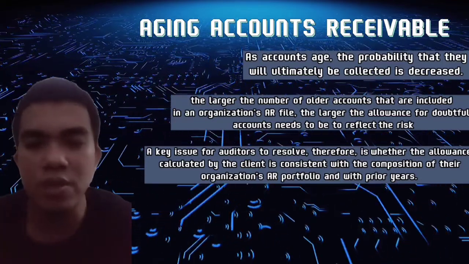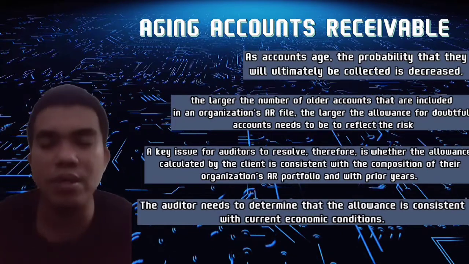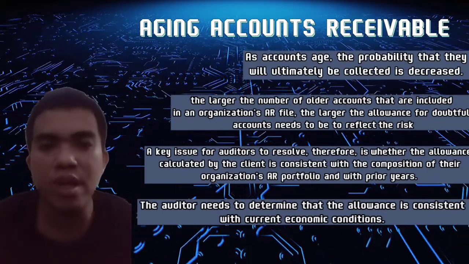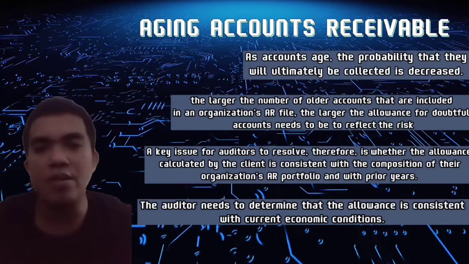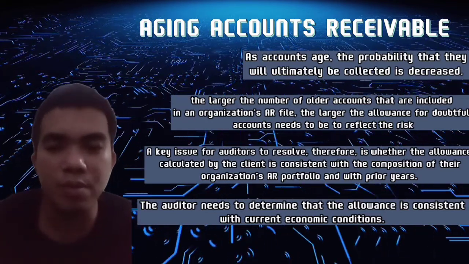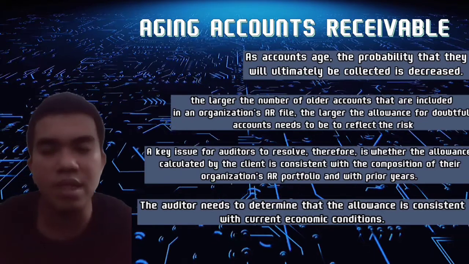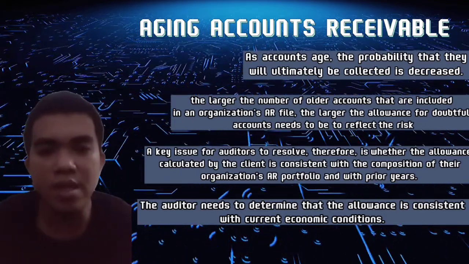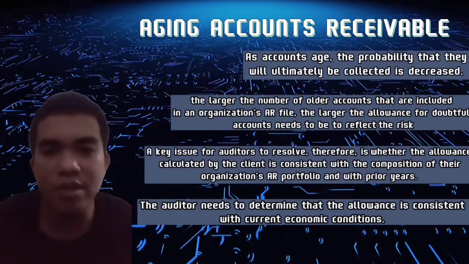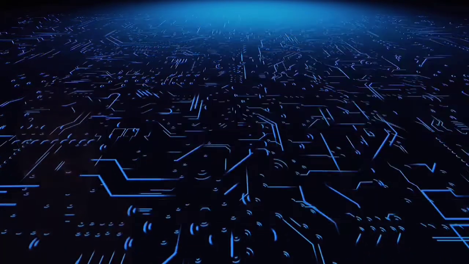In addition, the auditor needs to determine whether the allowance is consistent with the current economic status. For example, an organization entering into a period of economic decline may experience an increased percentage of bad debts relative to prior, more prosperous years.